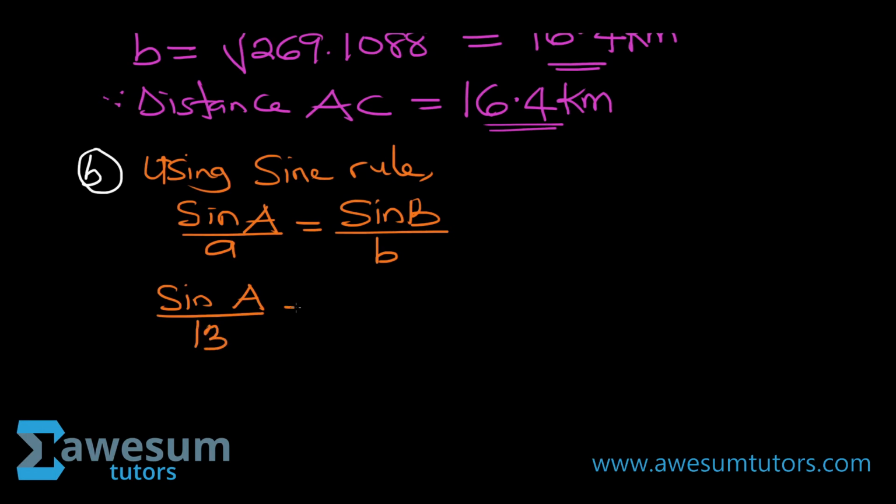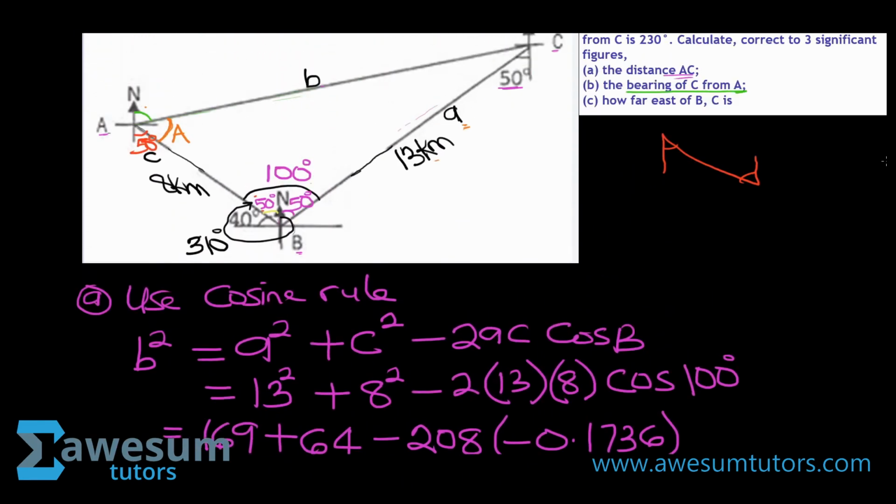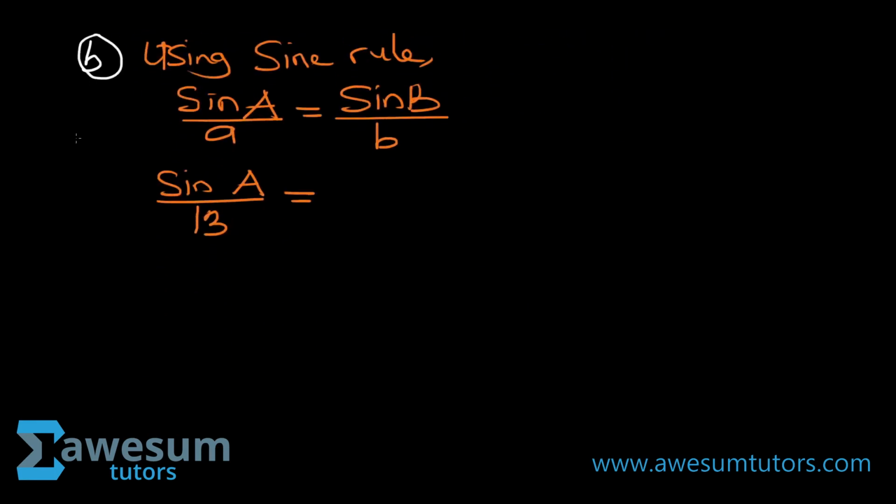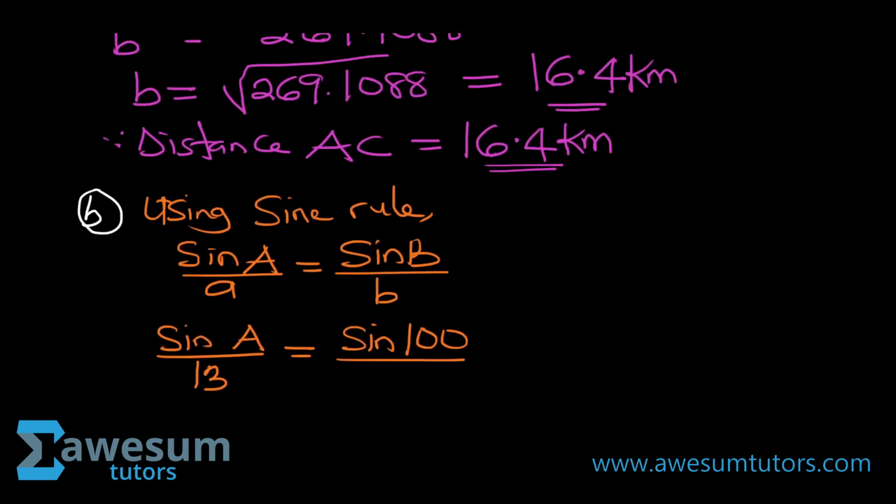Equals sine B. What is angle B right there? We got angle B already. We have it to be 100. So I'm going to say sine 100 over B. We just got the value for B now.